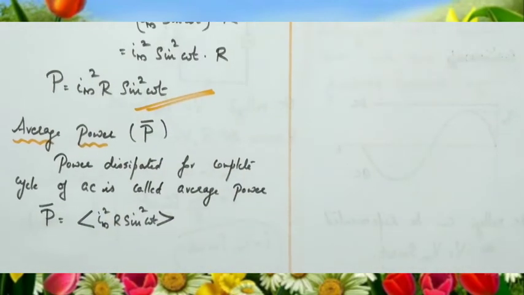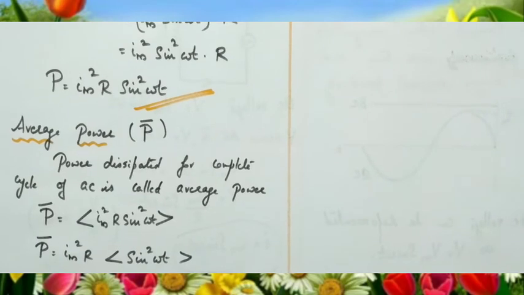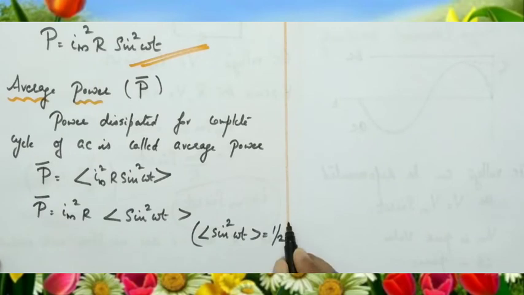Now Im square and R are constants. So average power can be written as Im square R into the average of sin square omega t. And the average of sin square omega t is half. That is from trigonometry.